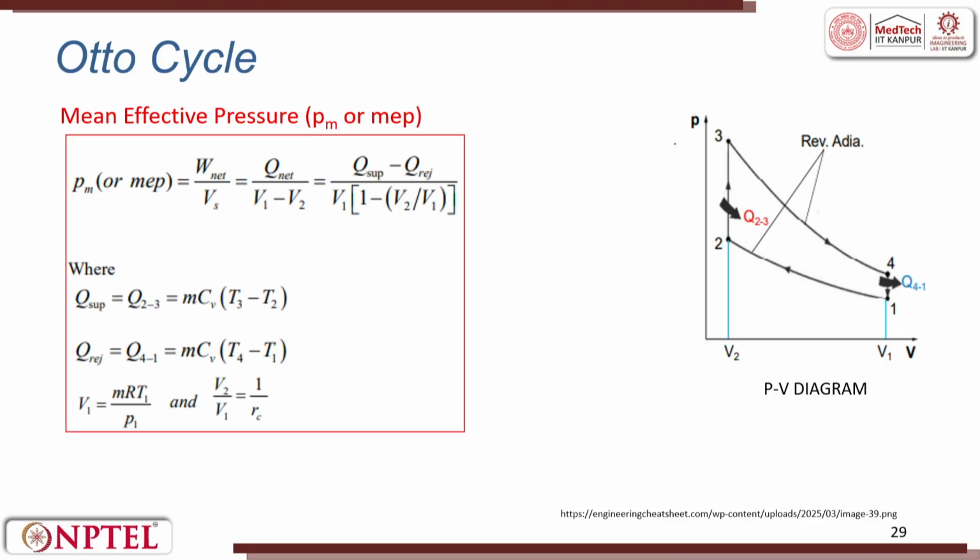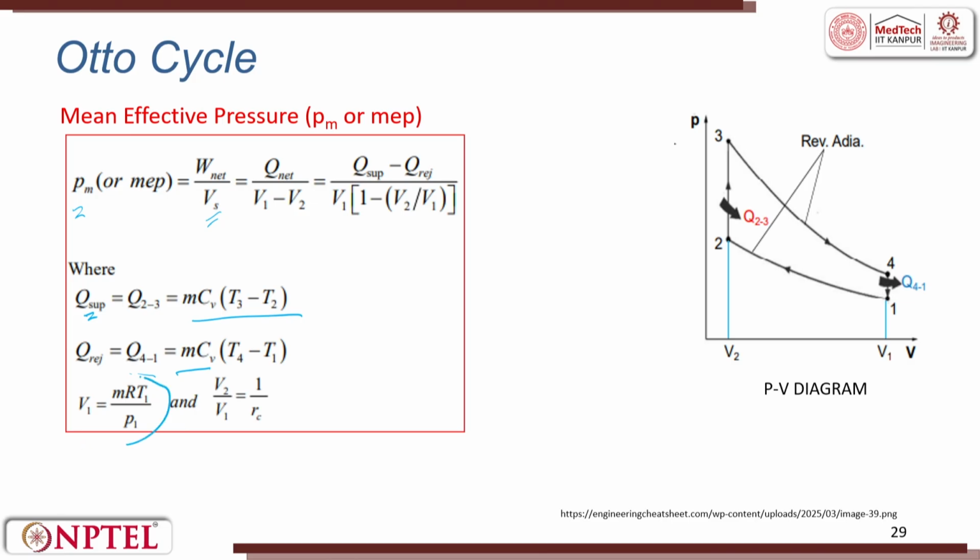Next, the mean effective pressure, Pm. How do you calculate the mean effective pressure? The mean effective pressure is nothing but work done divided by swept volume, so that is Q net by (V1 minus V2). This can be represented as Q supplied minus Q rejected, which is Q net, divided by the swept volume; then you rearrange this. Q supplied is from 2 to 3, m Cv (T3 minus T2), and rejected is Q41, m Cv (T4 minus T1).